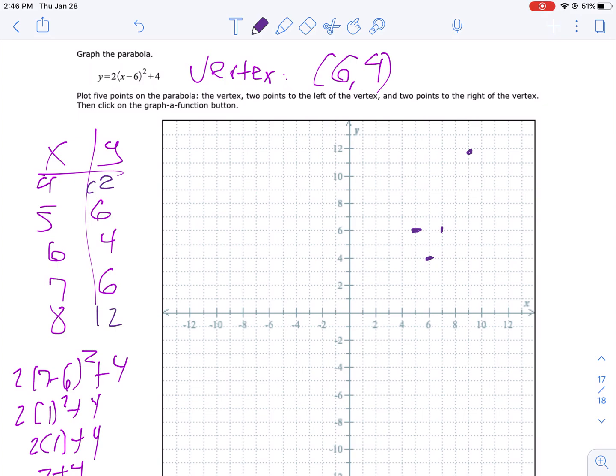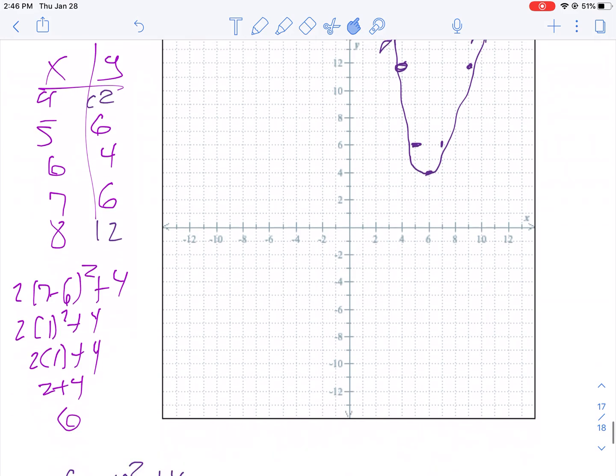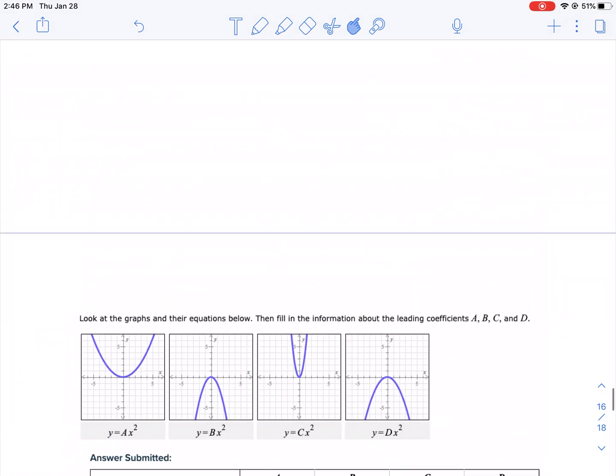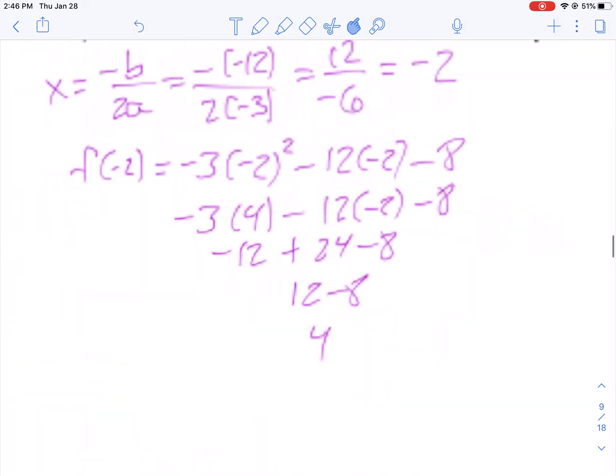I messed up here. Over 6 and up 4. 5 and 6. No, I didn't. I just can't see right now. There we go. And then there's our parabola, which is a lot easier for you to click on. And that's the review of the MT9 affirmation that you have to redo.